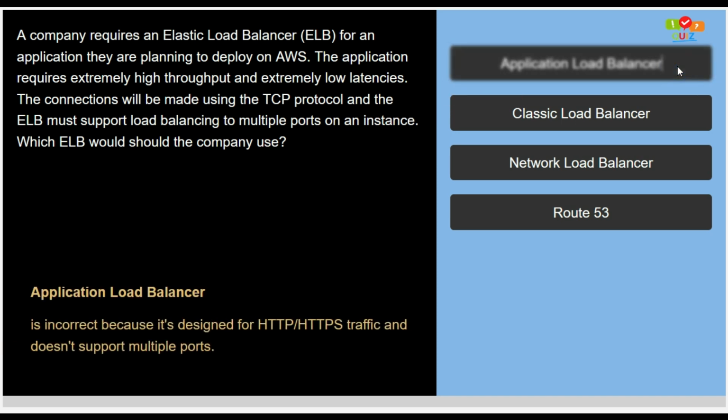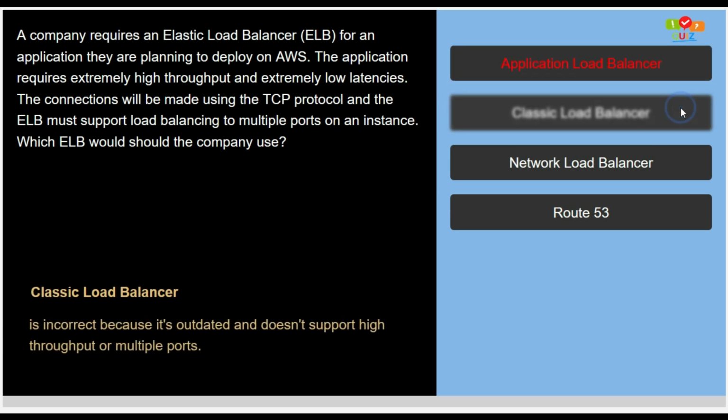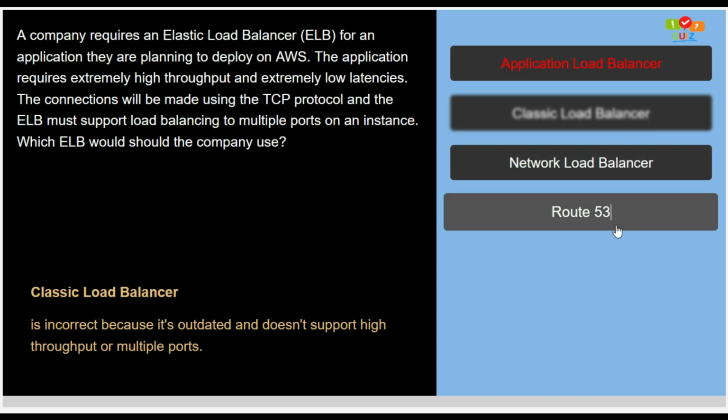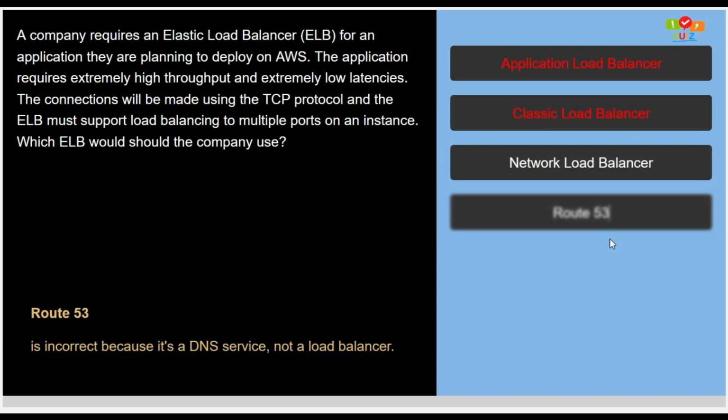Option 1, application load balancer, is incorrect because it's designed for HTTP or HTTPS traffic and does not support multiple ports. Okay, so this is the wrong answer. Option 2, which is classic load balancer, is incorrect because it's outdated and doesn't support high throughput or multiple ports. So incorrect answer. Option 4, which is Route 53, is incorrect. Why? Because it is a DNS service.